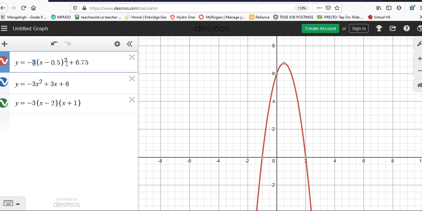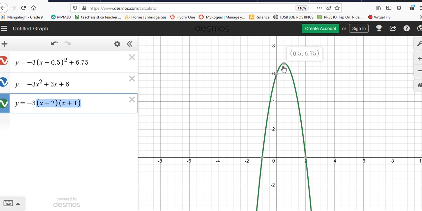Now again, the vertex form tells us the vertex of 0.5 and 6.75. Now what does the factored form tell us? If the standard form tells us our y-intercept, and the vertex form tells us our vertex and our vertical stretch or compression, then what would this tell us? Well, if I look at this graph, there's a reason Desmos picked up specific points here.